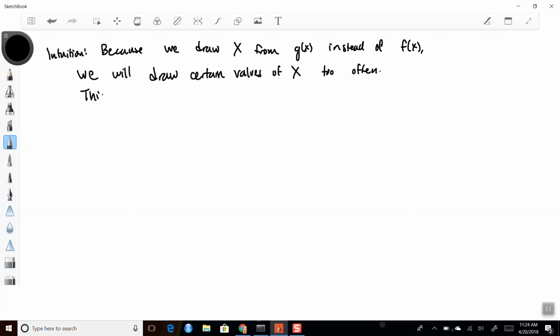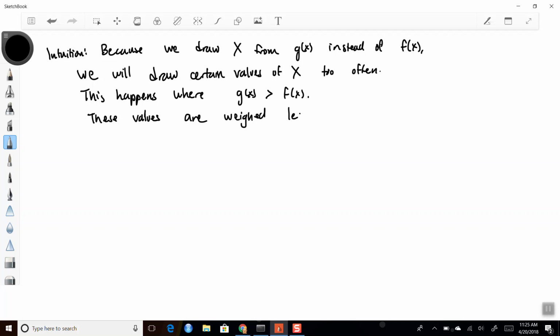This happens where g of x is greater than f of x, okay? These values are weighed less because f of x over g of x will be less than 1, okay?